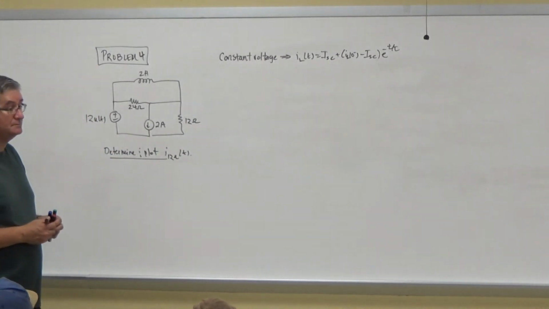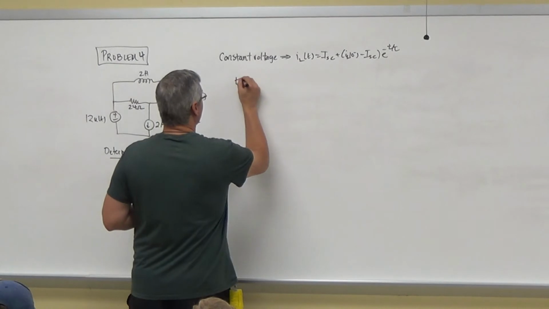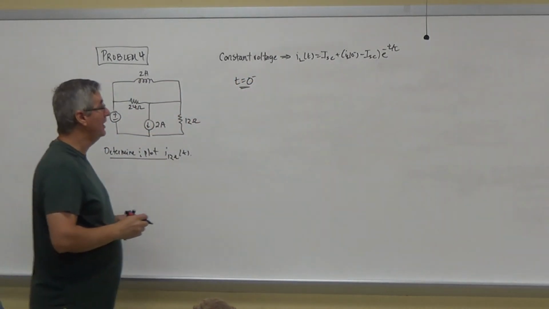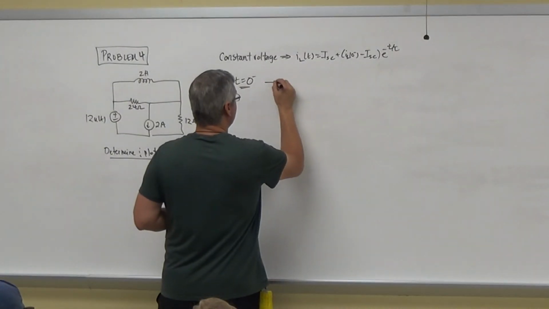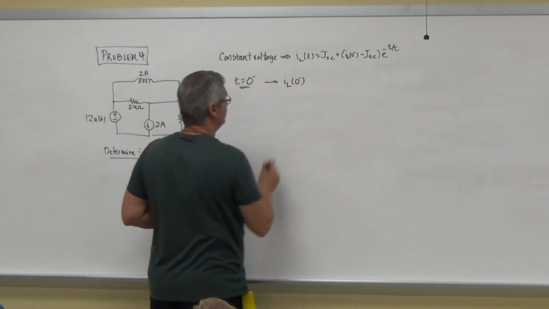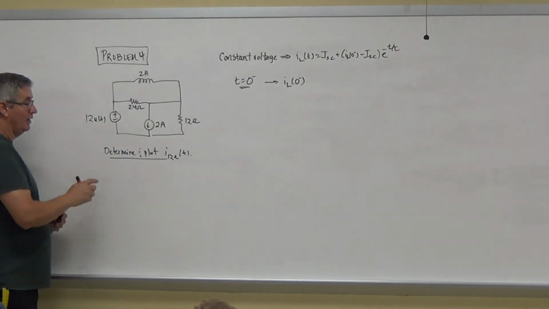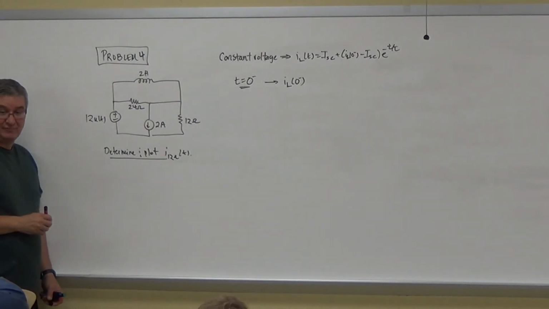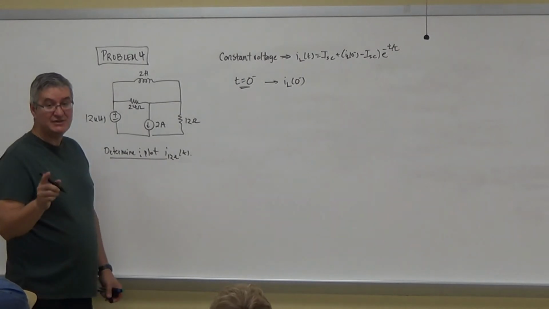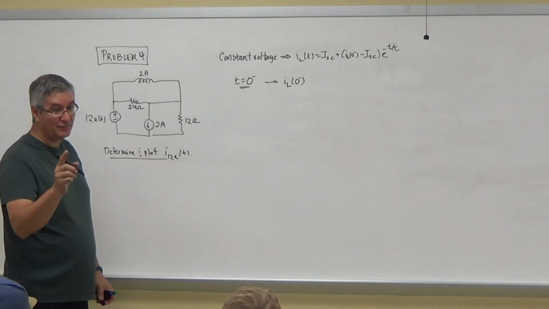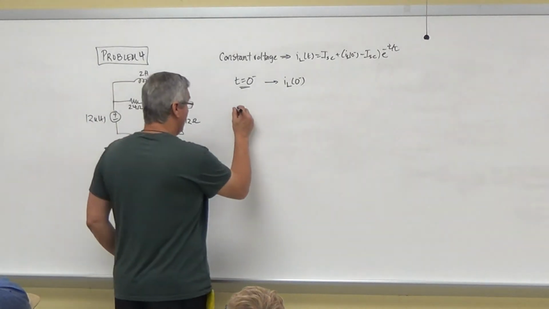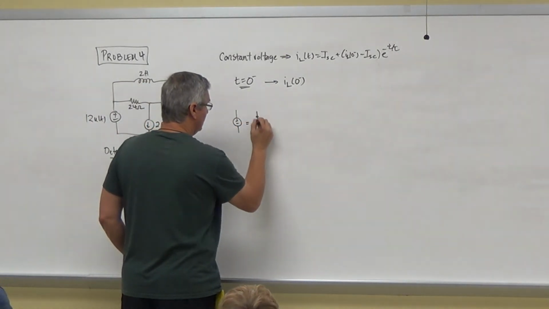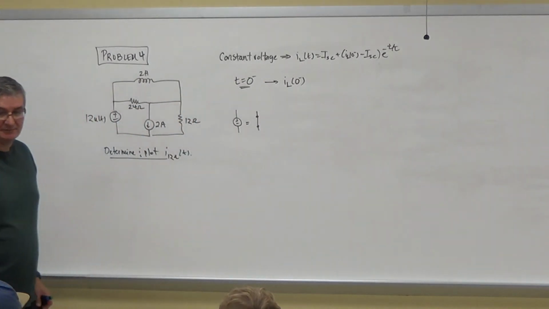So I'm going to start and get 0 minus. I'm looking for this guy right here. There's another thing I want to make sure is clear. When you deactivate a source, I don't want you to forget this. If I have a voltage source, I deactivate it by putting a short.